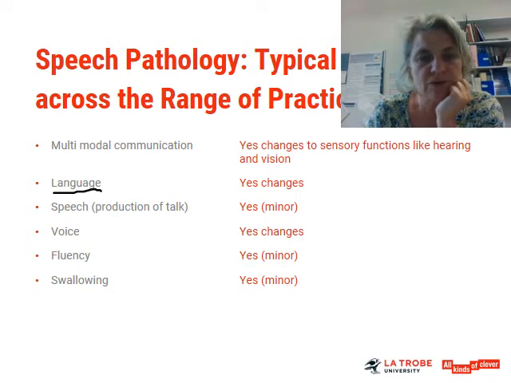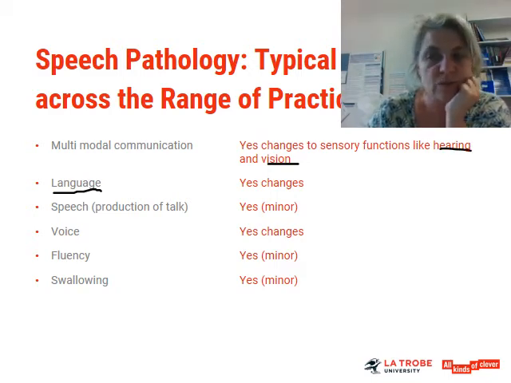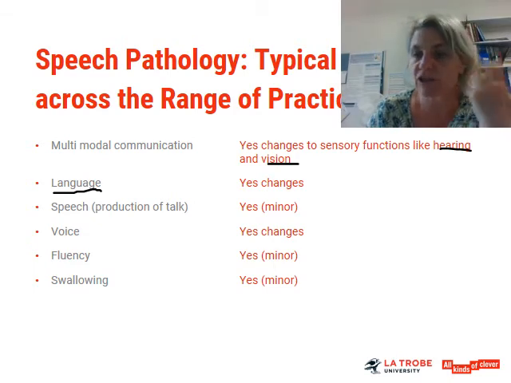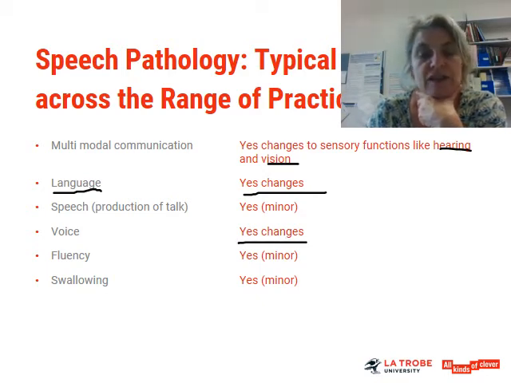For multimodal communication, there are age-related changes to vision, and as we discussed, hearing, that'll impact on people's ability to use different channels to communicate. We've talked about the significant changes that happen in language. There are also significant changes that happen in voice as we get older, that Jenny may have covered in her voice lecture.